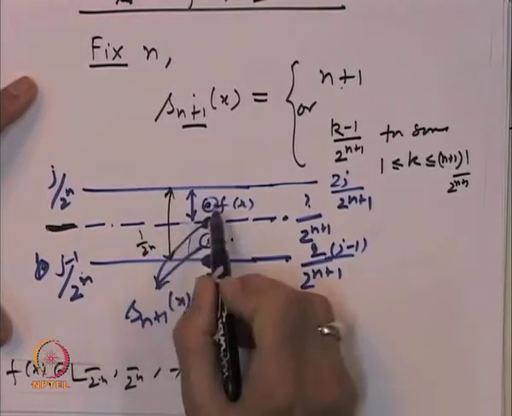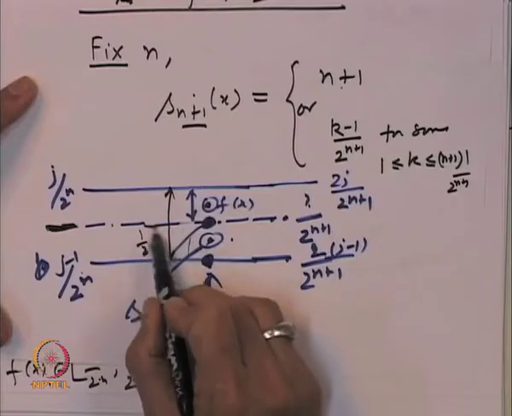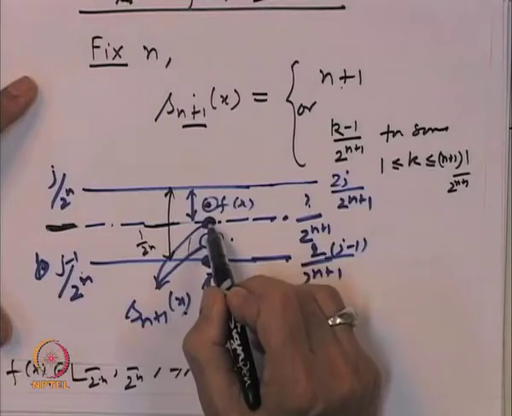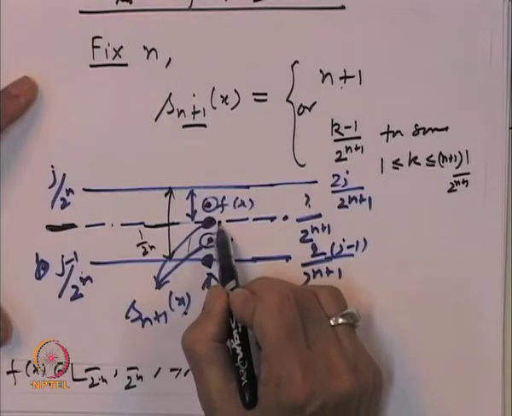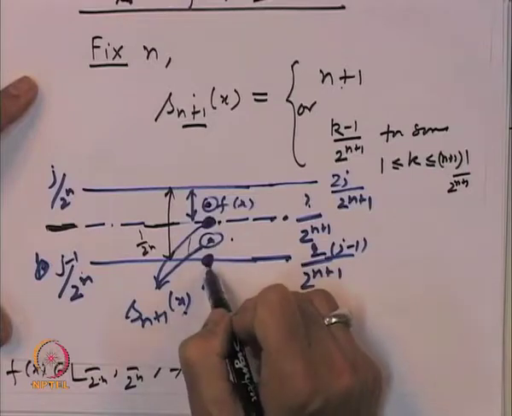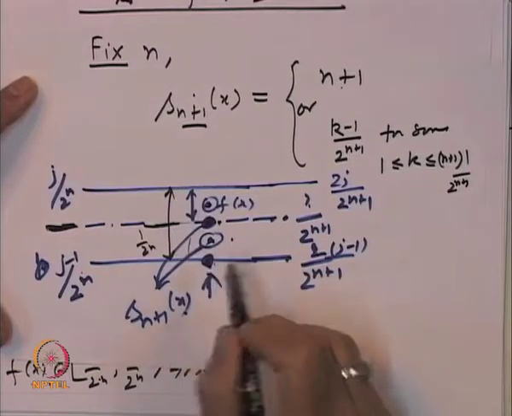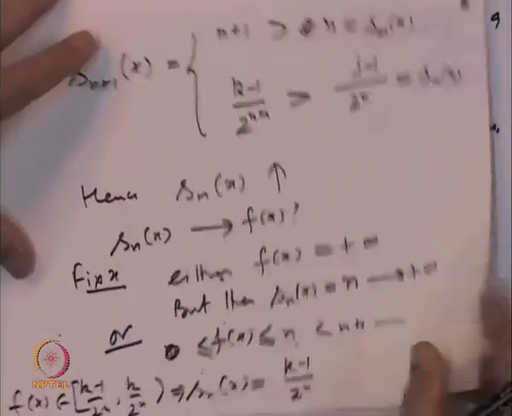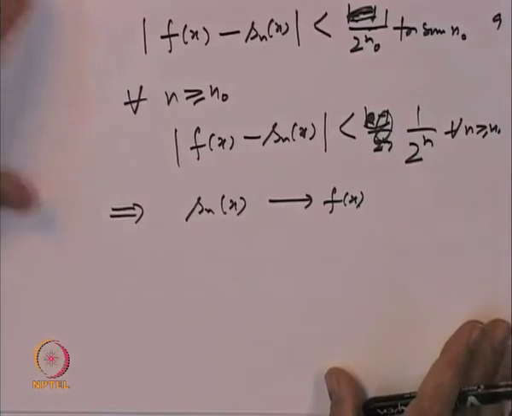When we want to go from S n to S n plus 1, we divide it into two equal parts. So, if f of x is here, then S n plus 1 is the lower value here, or if f of x is there, S n plus 1 is the lower value there. So, in either case S n is always going to be the lower value. So, that says it is increasing and convergent. So, that proves the theorem.